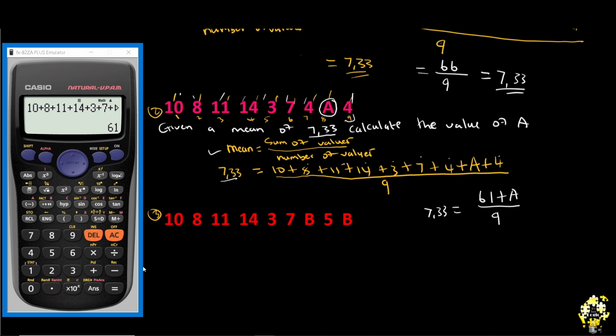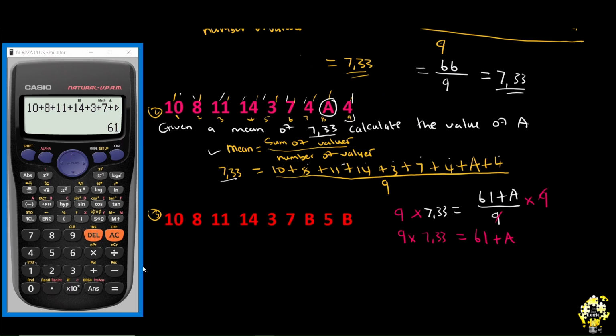To deal with the 9 here, we are supposed to multiply both sides by 9. This 9 will destroy this 9. What will be left is this. We will be left with a 9 multiplied by 7.33 is equal to 61 plus A. Now we are getting somewhere.